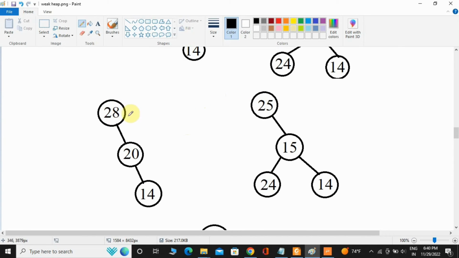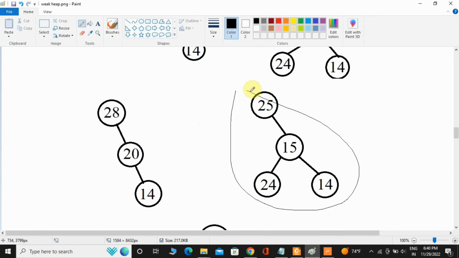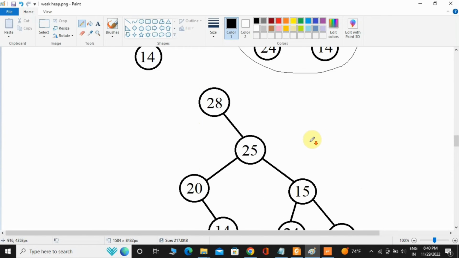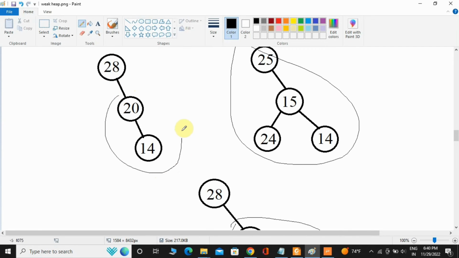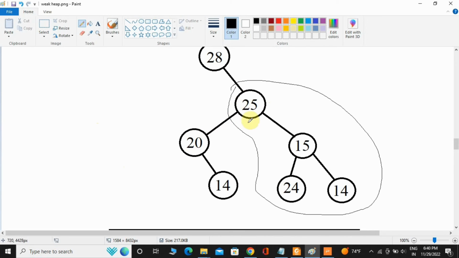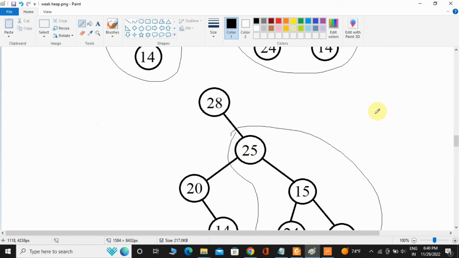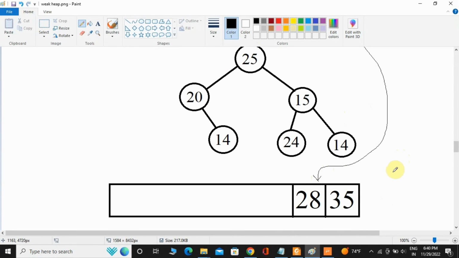So 28 is greater, and it's going to be the root node of the weak heap, and this tree is going to be the right subtree of the final heap, and the remaining nodes, that is these two nodes, are going to be the left subtree of this node. And now we have a weak heap again. So we take this 28 and we place it in the second last position.